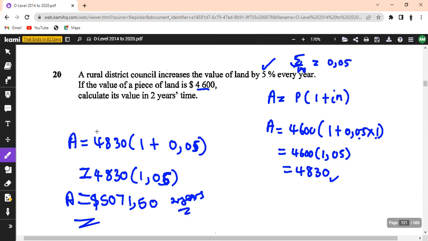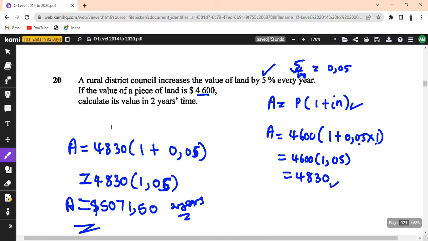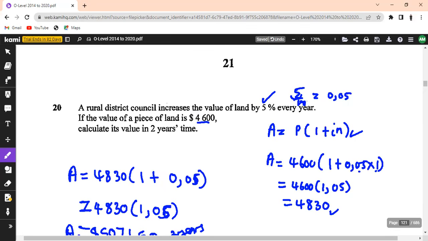So it was a combination of simple interest for the first year, and simple interest for another year. But we could have just done this in a simpler way by applying our compound interest formula, because this is happening yearly. So you can use compound interest at once, which is amount is equivalent to principal into 1 plus I to the exponent of n. That is your compound interest formula, where A is the amount after the 2 years. P is the principal, and our principal value in this case is 4,600.